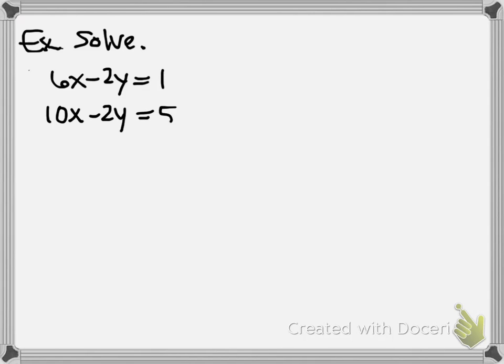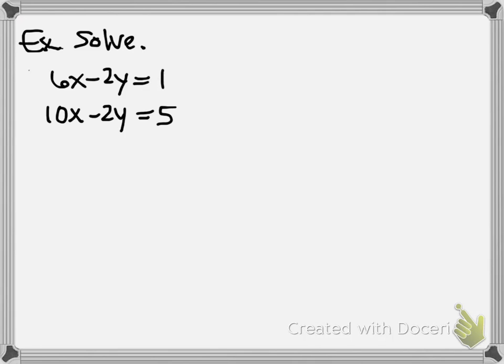So directions are just going to say solve. We're going to use our elimination to help us. And let's do this problem. 6x minus 2y equals 1. 10x minus 2y equals 5.